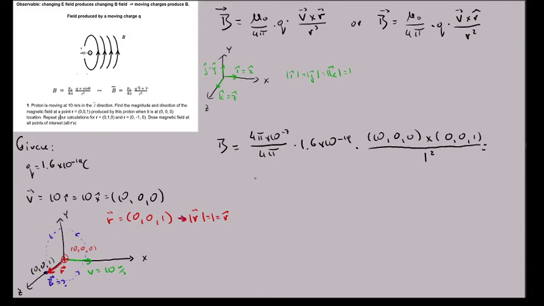Right, so when I do all of this out, I'm going to find out that, well, this goes away, so that's good. End up with the magnetic field B equals.